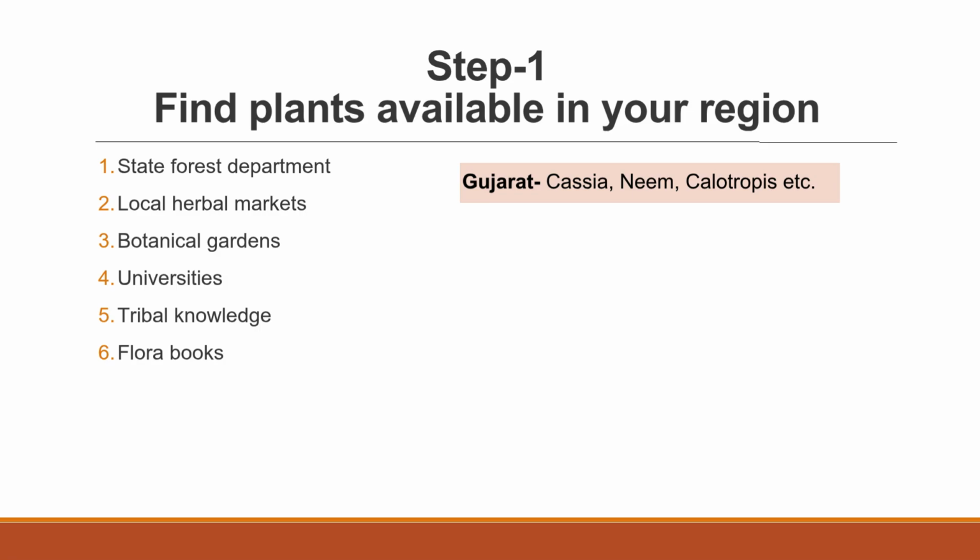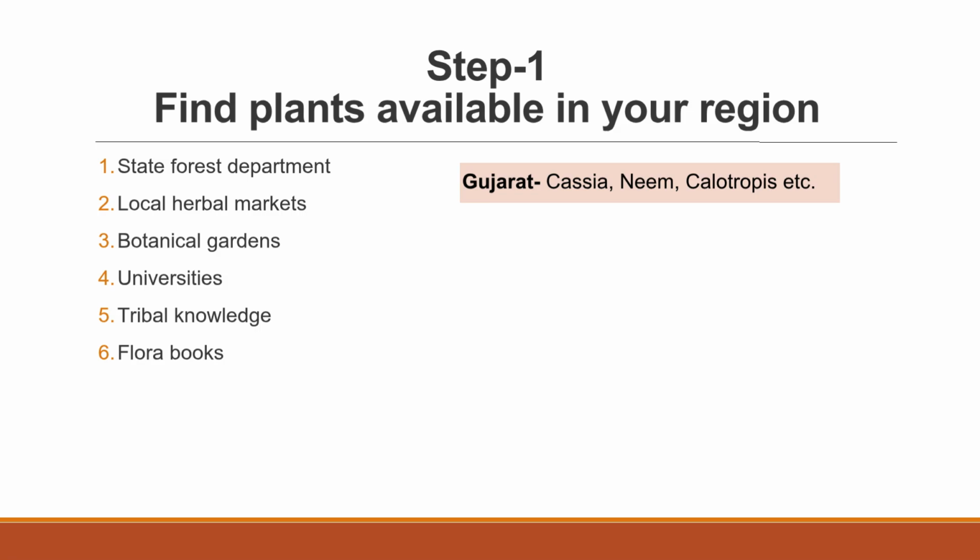Once you have a list of locally available plants, you can move on to the next step: checking what research has already been done on each plant. But remember one thing: availability comes first. A locally available plant makes your research easier, and it is more practical and cost effective.